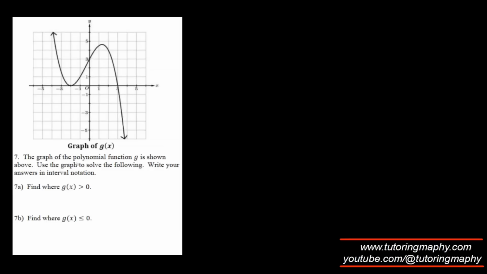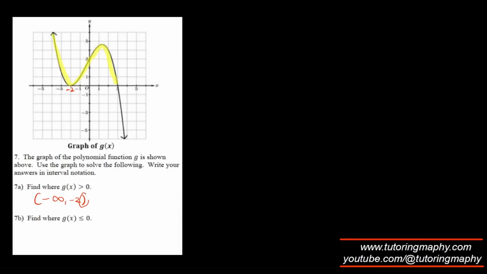Okay. We need to find where G is positive. That's pretty straightforward. G is positive in this region, then again here, all the way. Since there is an arrow right over here, I'll say it's from negative infinity to -2, because -2 is here.